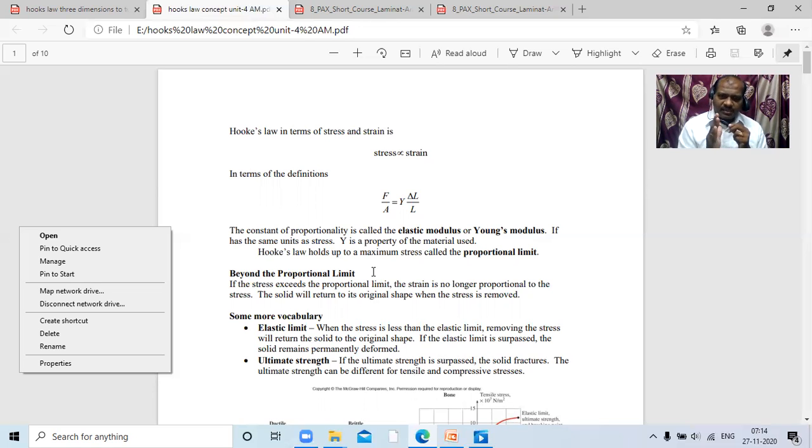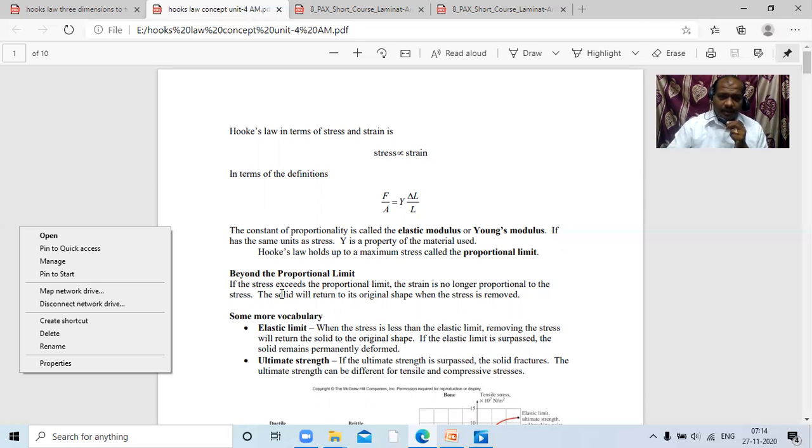The proportionality limit is the limit up to which we can add load. Beyond that point, if you add load, it will go to the elastic limit. So before going to the elastic limit, if you remove the load, the material will come back to its original shape. That is called the proportionality limit.